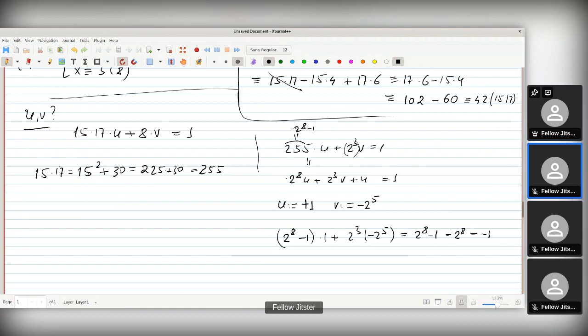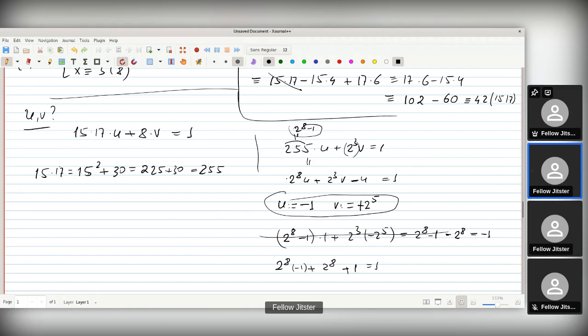Yeah. So apparently you were right. Let us take -1 here and plus here. So then we have 2 to the power 8 multiplied by -1 plus 2 to the power 8 minus -1. Yeah, the problem was in this sign. It was not correct. Here we have 2 to the power 8 -1. Now everything is okay. Is it clear?